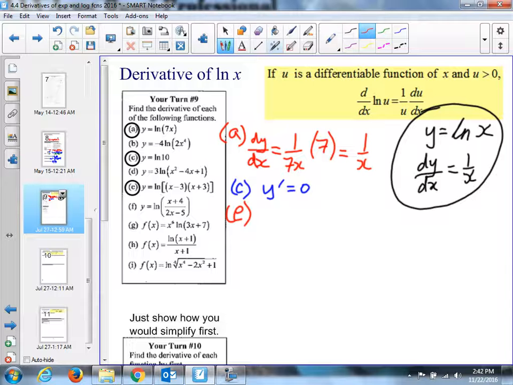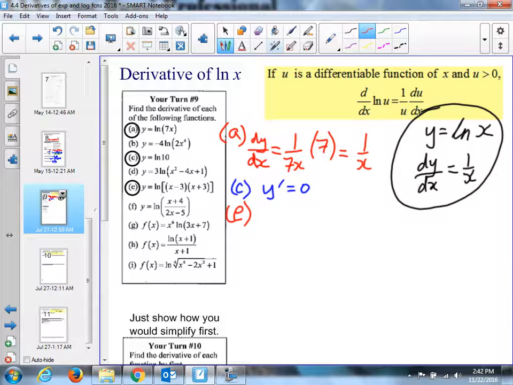So, what are you thinking? You just do the natural log of x minus 3 by itself and then multiply that by the natural log of x plus 3. Not quite the way you said it, but maybe the way you're thinking of it is fine.